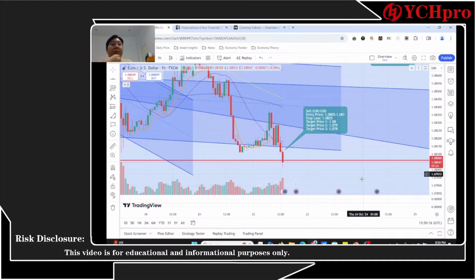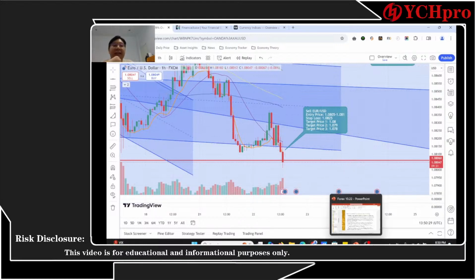For now, this is the trade that we could do on the Euro US dollar side. Okay, what's next? So maybe we could take a look at the next slide.